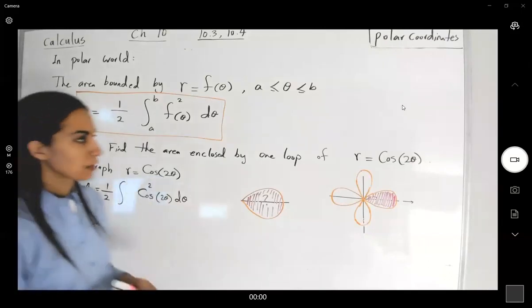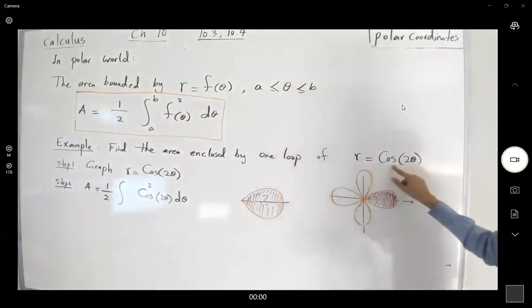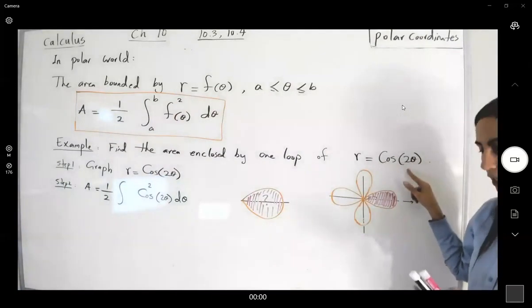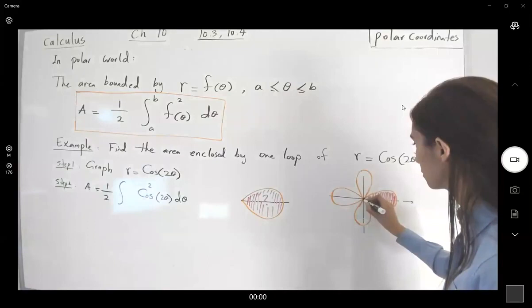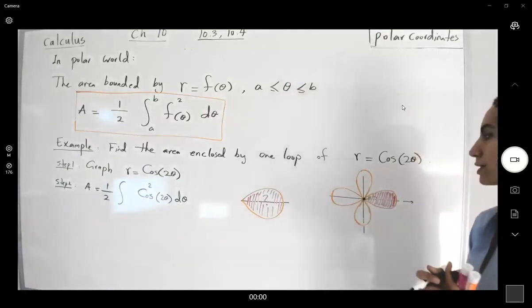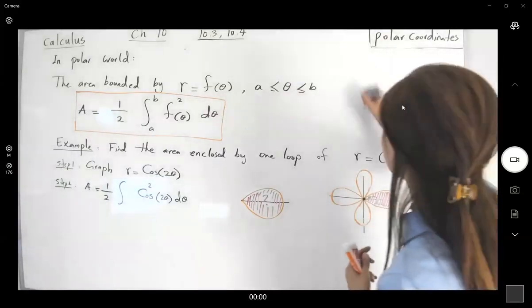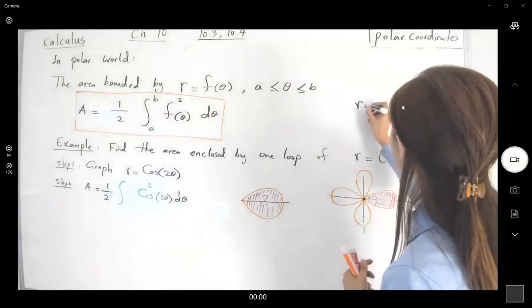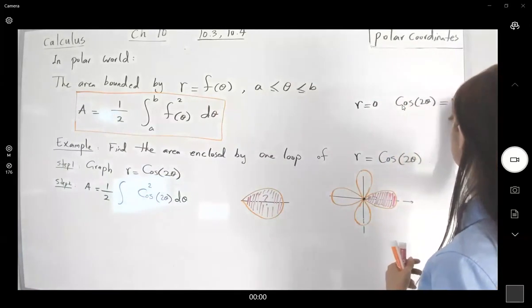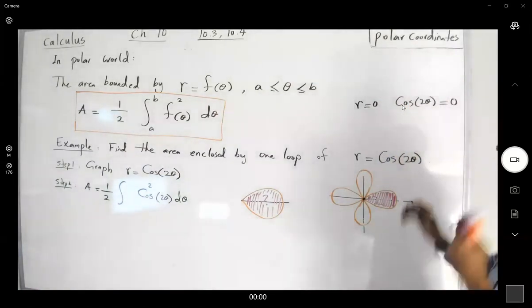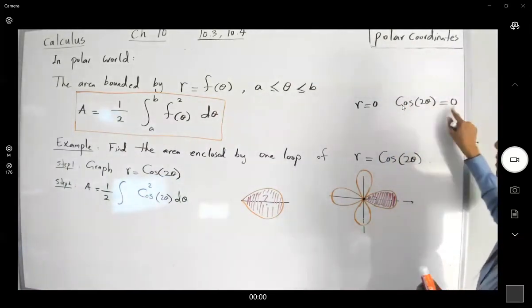Well, r is equal to cosine 2 theta. At the origin here, your r is equal to 0. So take a look at this. When r is equal to 0, it means that cosine 2 theta is equal to 0. So cosine of 2 theta is 0.